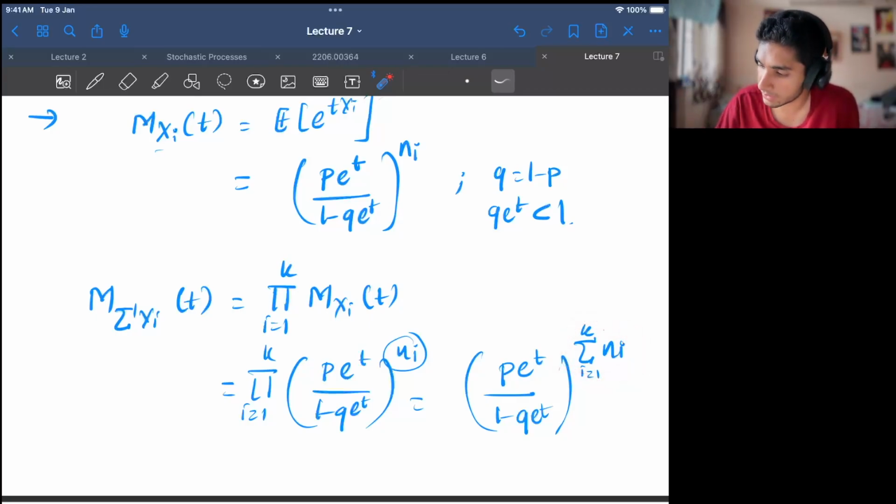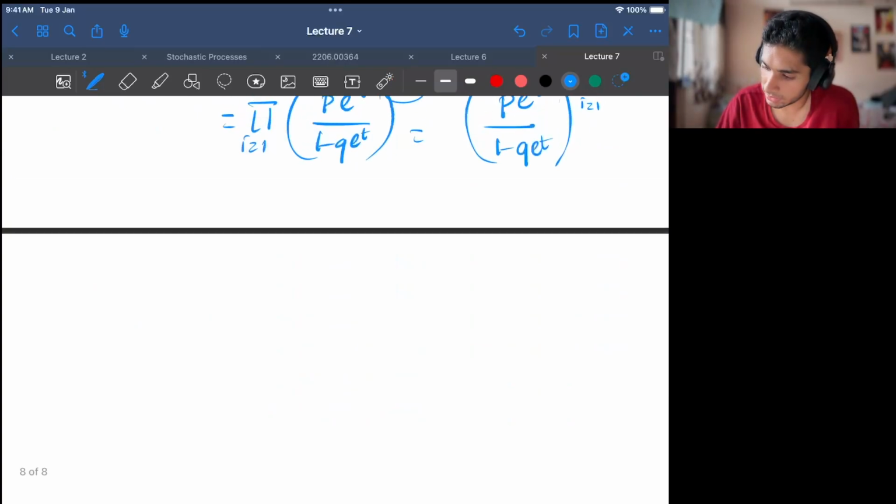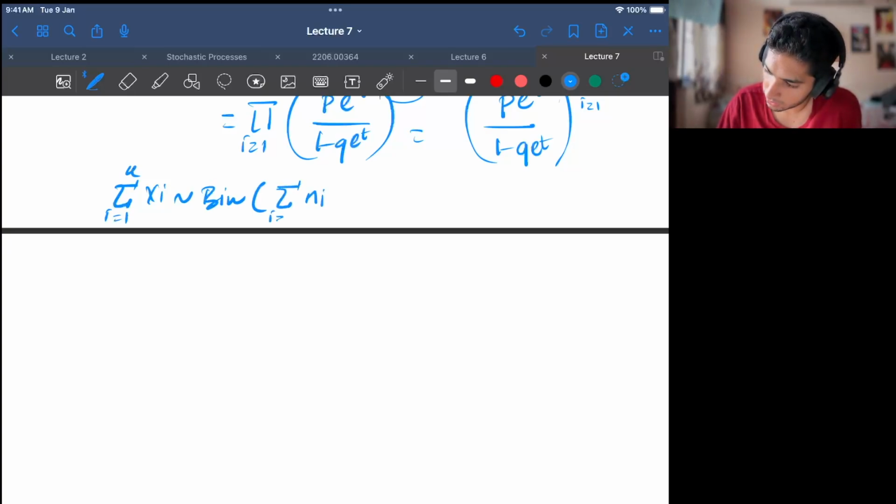So this parameter has changed to summation ni, and the other parameter p remains the same. So summation xi, i going from 1 to k, is again a binomial random variable distributed according to summation ni, i going from 1 to k, comma, the probability of success being p. That's all.